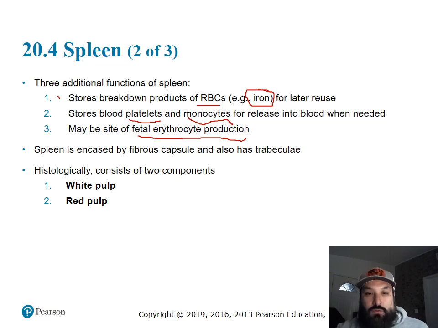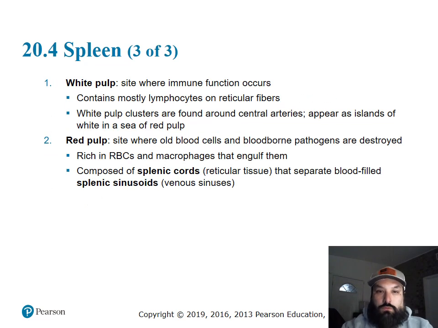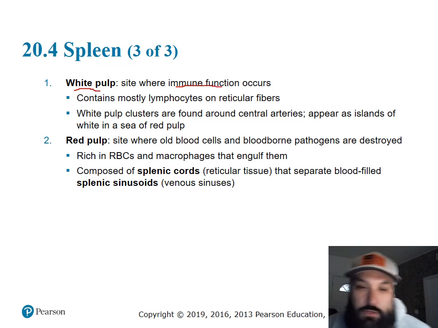Okay, so when we look at the cells of the spleen, it actually has two places, what we call the red pulp and the white pulp. The white pulp is where immune function occurs. So that's kind of where we have immune function, right?